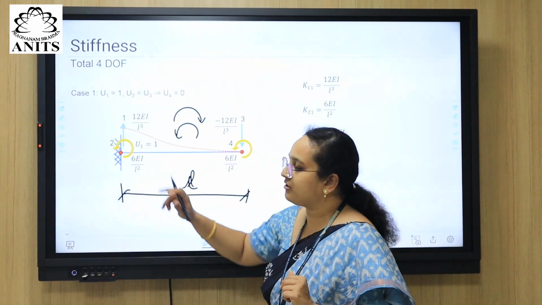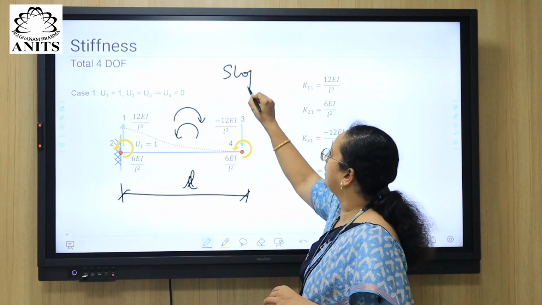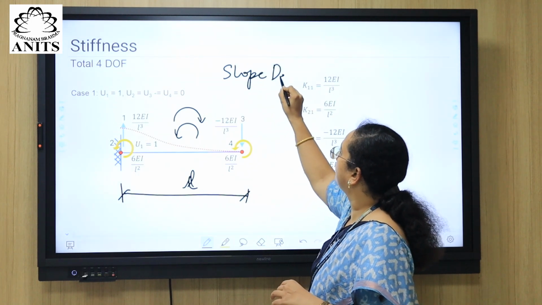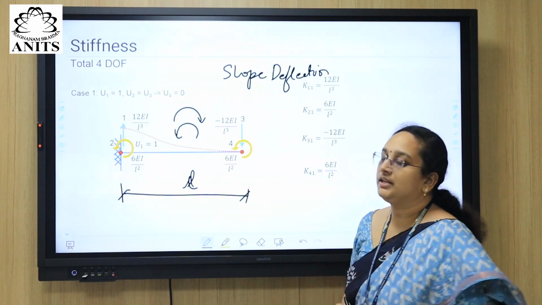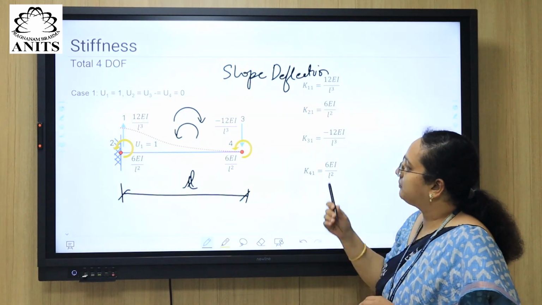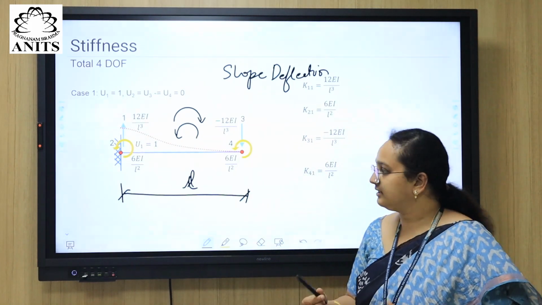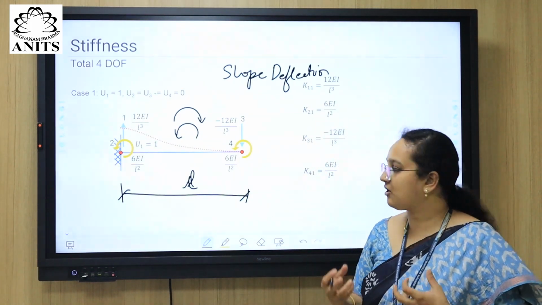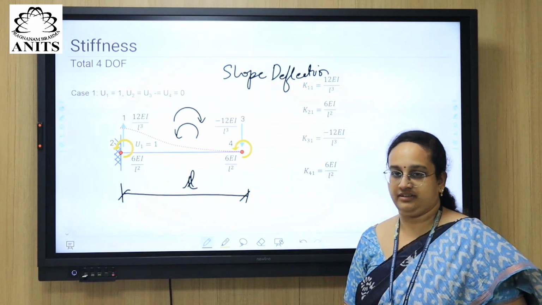So we know the concepts of the slope deflection equation. In slope deflection equations, we have derived the force required to cause a moment if the far end is fixed or rigid.